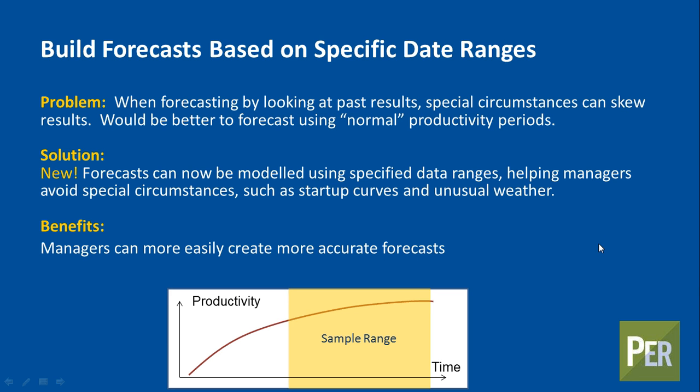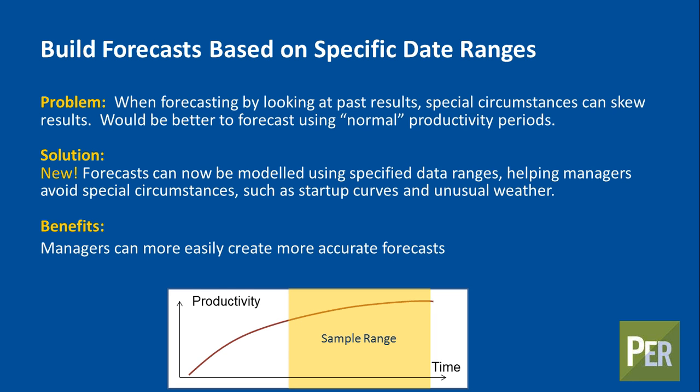All right, so another key feature is the ability to build forecasts based on specific date ranges. What this is about is, of course, within our performance module, it's all about helping to forecast more accurately. With this new feature, you can take a look at the performance in the past and get rid of those time frames where something strange was happening, whether it be a learning curve or abnormal weather.